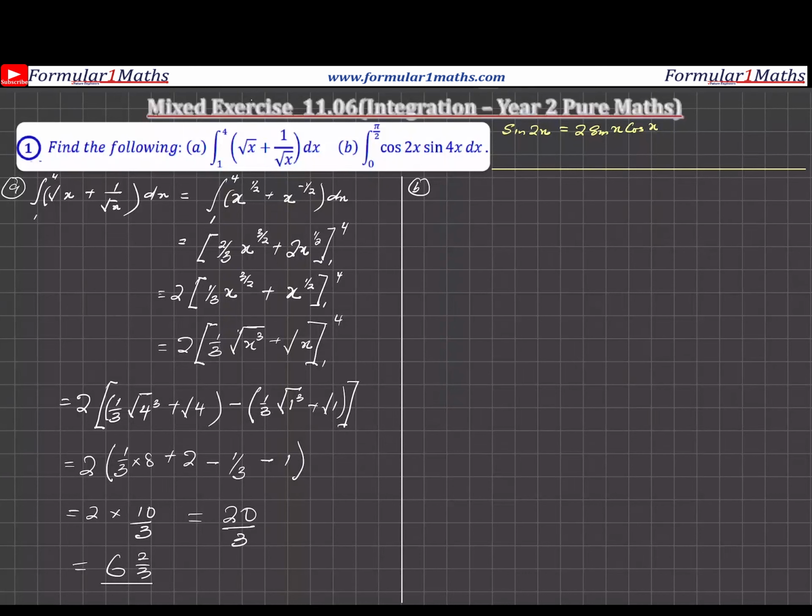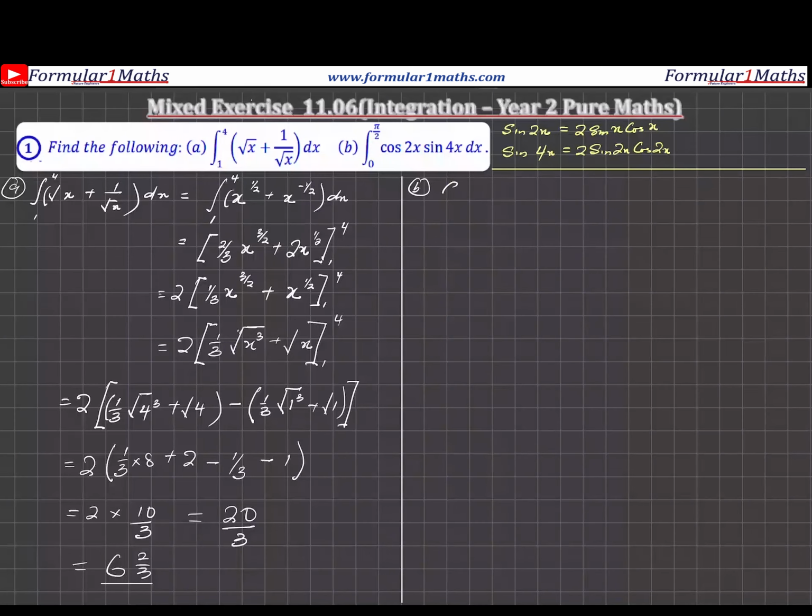This implies that sine 4x can be written as 2 sine 2x cos 2x. So I'm going to replace sine 4x with this.